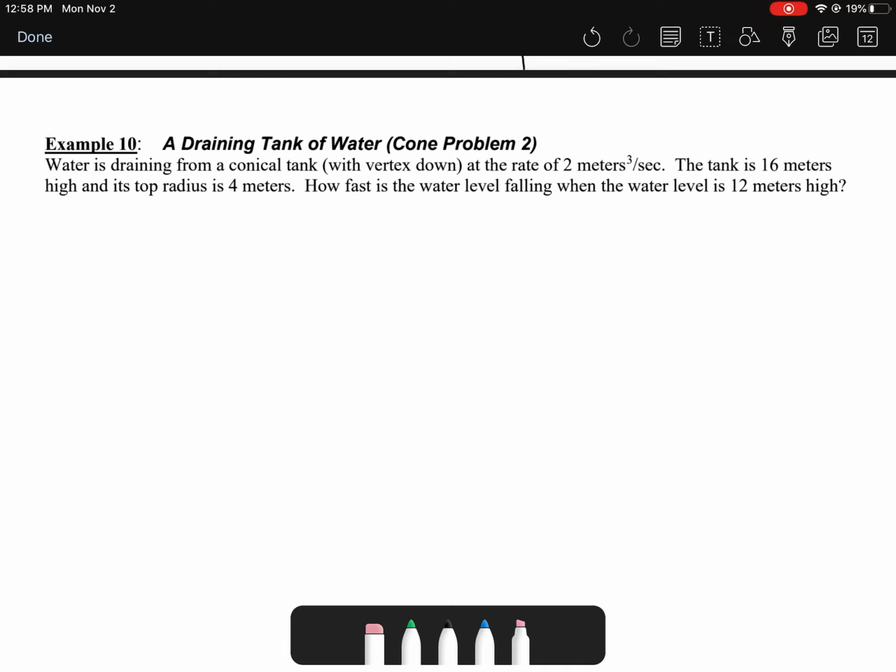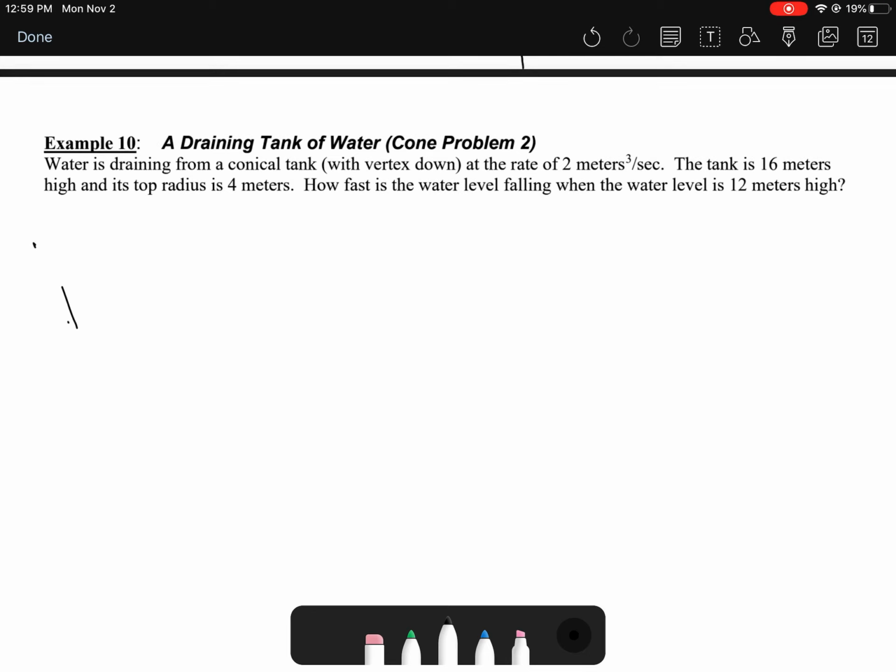Okay, so first thing I'm going to do here is I need to draw this picture. As soon as my pen decides to work. There we go. Okay, so I have a cone.